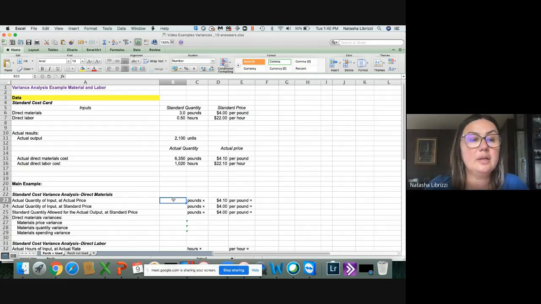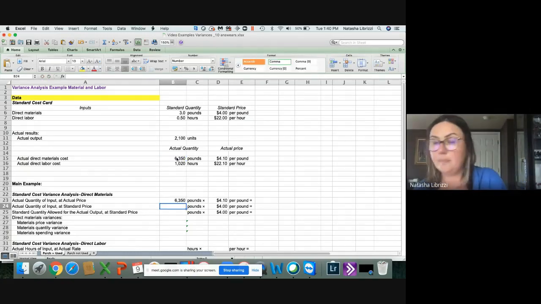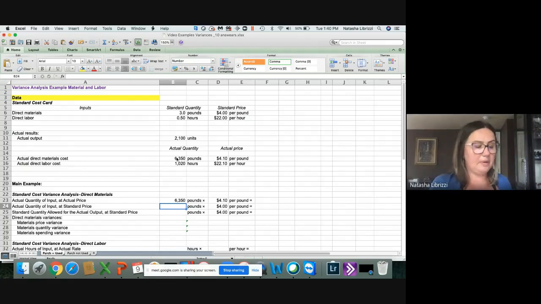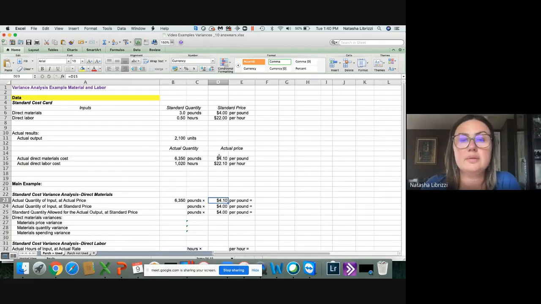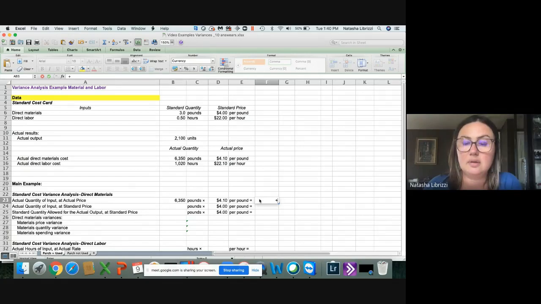So actual input at actual price. We have our actual input, and I already had the price here. I did not delete that from my example.